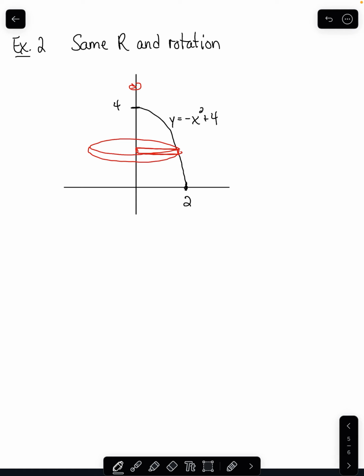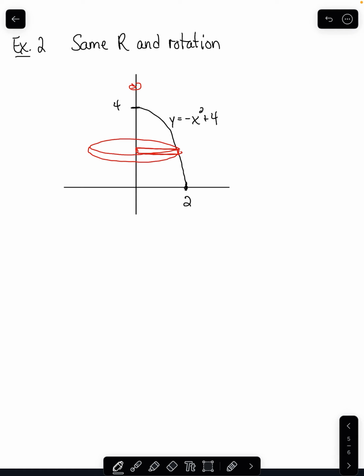We can leave it in terms of x, but that would require us to use the shell method, which has a slightly more complicated integral formula. Either way should produce the same result because they are producing the same object. So let's put that to the test.